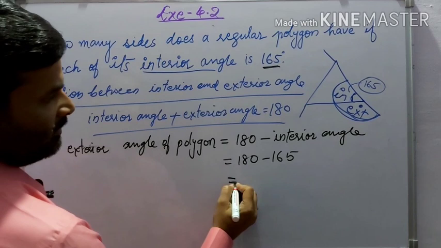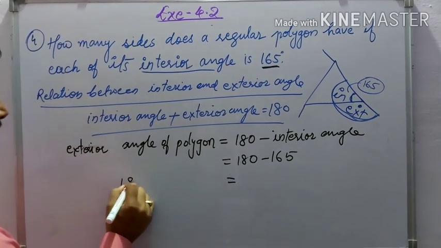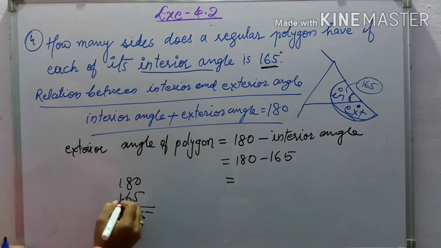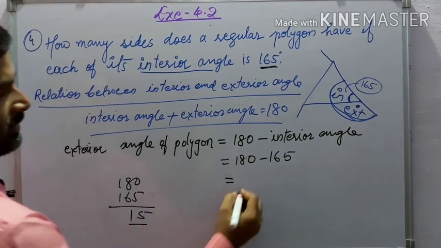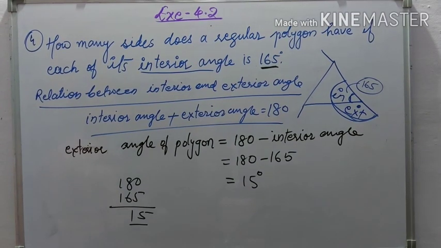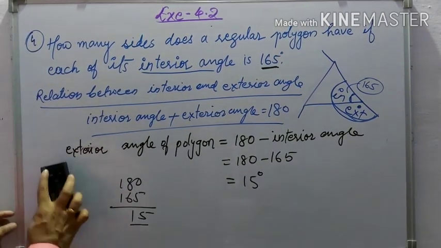Subtraction gives 15. It means the exterior angle of the given polygon is 15 degrees.